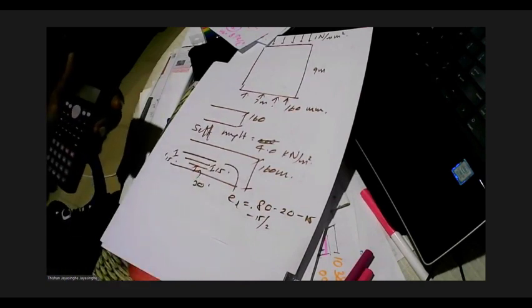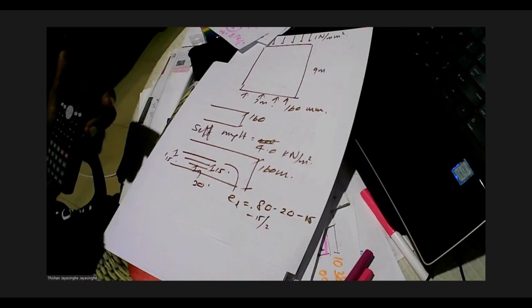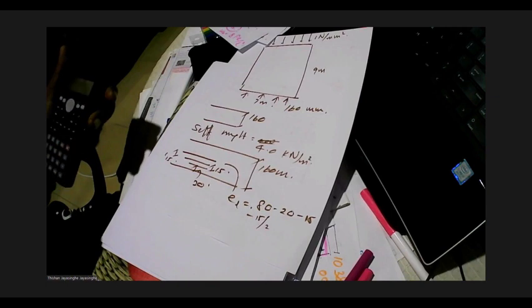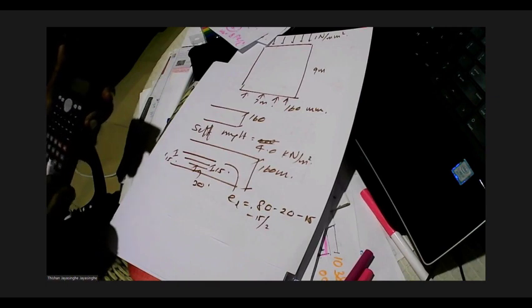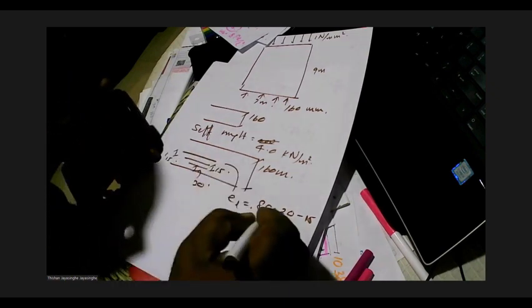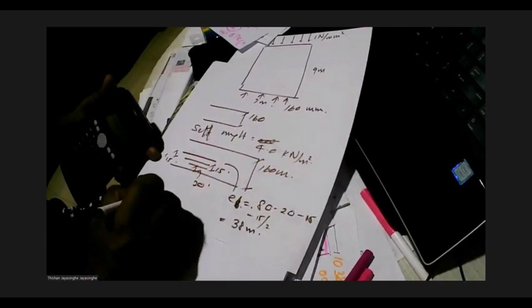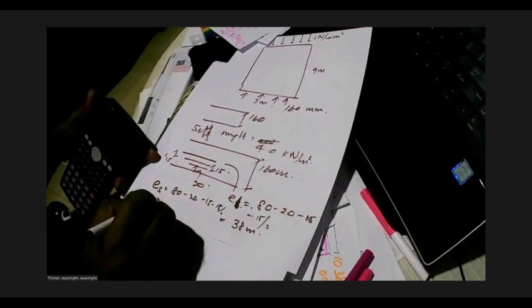So the eccentricity in this direction is 38 millimeters. It's the longer direction. Eccentricity in the shorter direction is 80 minus 20 minus 15 minus 50.